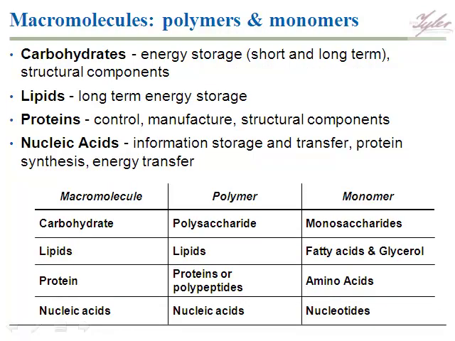Now macromolecules, again, polymers and monomers. The way to remember this is polymers are the brick wall, and monomers are the bricks. Okay? So brick wall versus the bricks. Now carbohydrates, they're the brick wall. Remember, brick wall, and the monomer are the bricks.